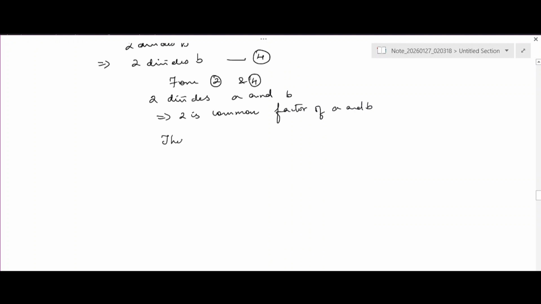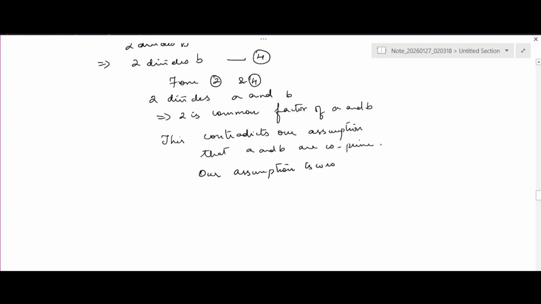This contradicts our assumption that a and b are coprime. So apart from 1, there is another factor 2. Okay, so our assumption is wrong. Therefore, root 2 is irrational.